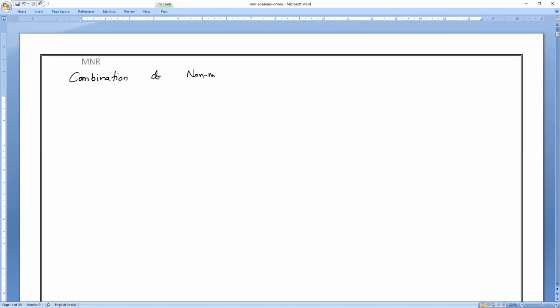This concept is very important for the next chapter, carbon compounds. If you are very good in this concept, the next chapter will be very easy, because the entire concept will run with non-metals only. So please be very attentive.